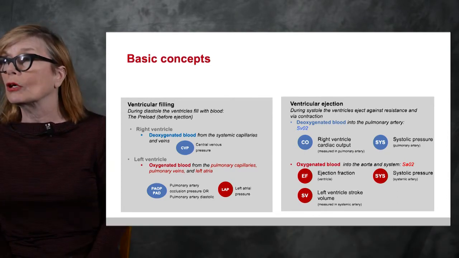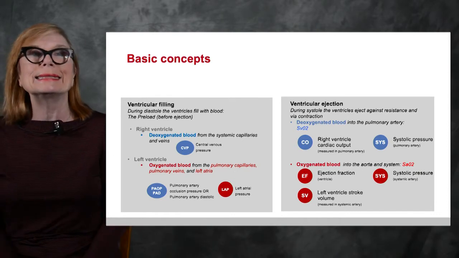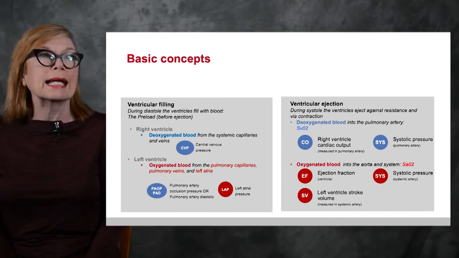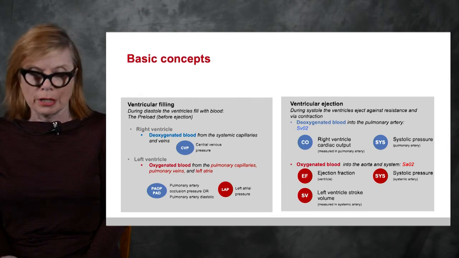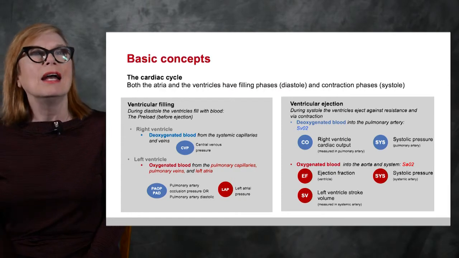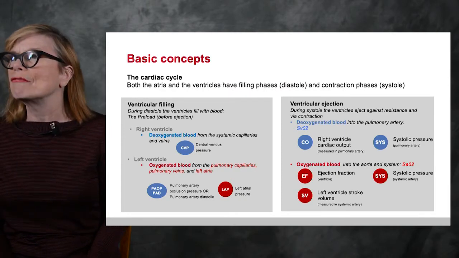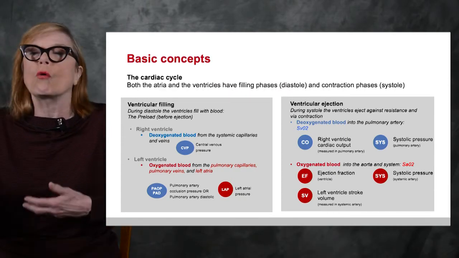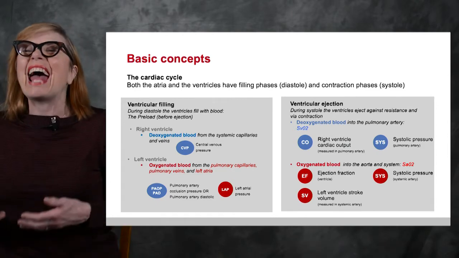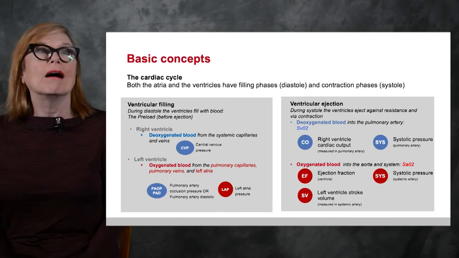But we also can look at that as a basic systolic pressure in the systemic artery, which is reflecting left ventricular ejection. So we think about that whole cardiac cycle and how the atria and ventricles fill and therefore eject. We call that the diastole of the chamber and the systolic pressure gradient of the chamber.